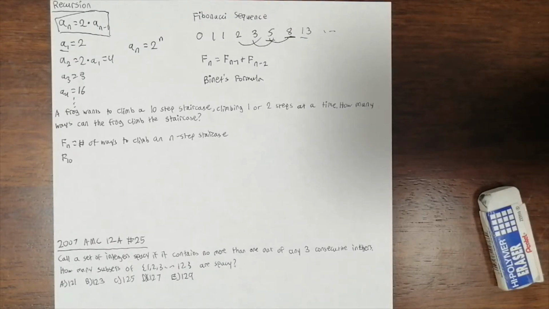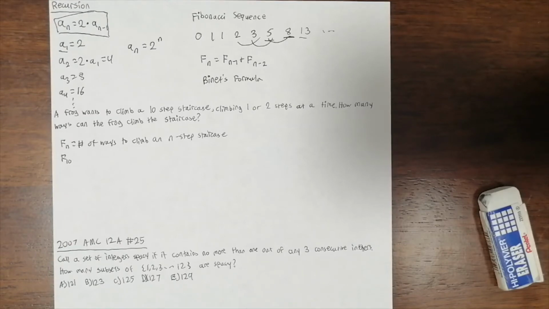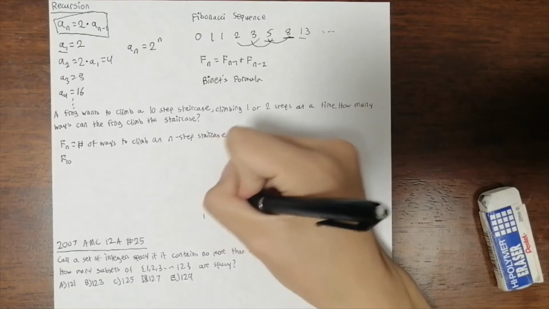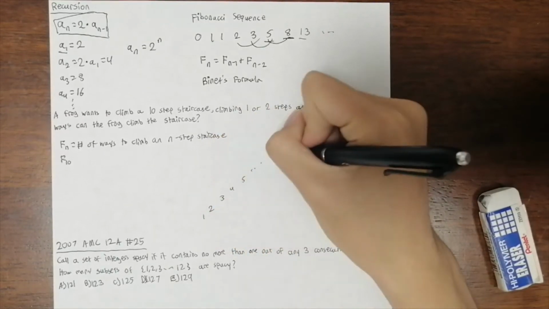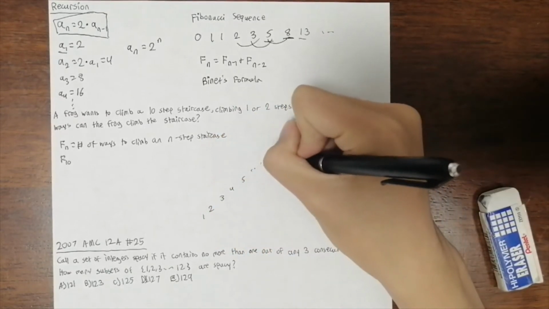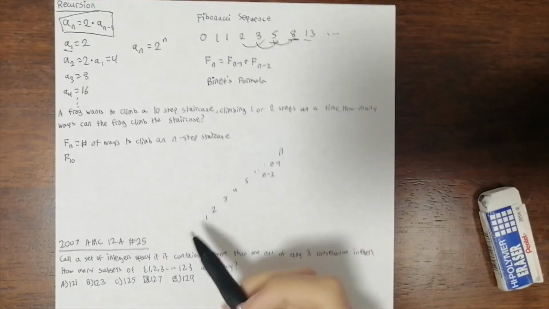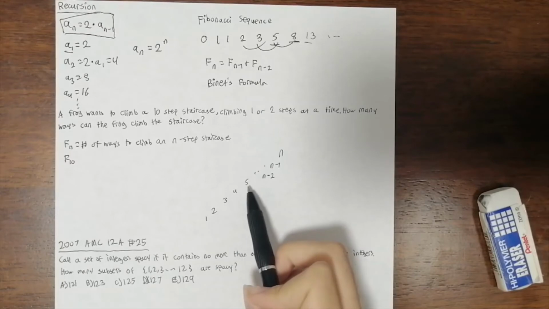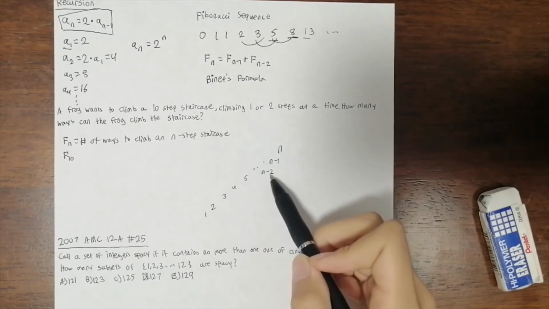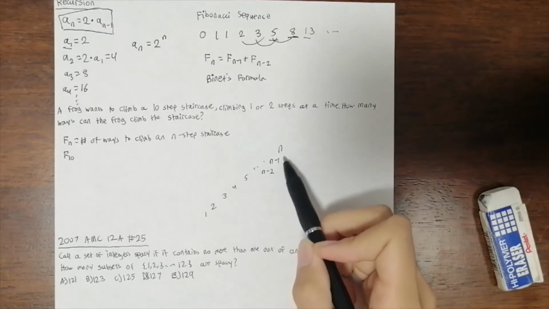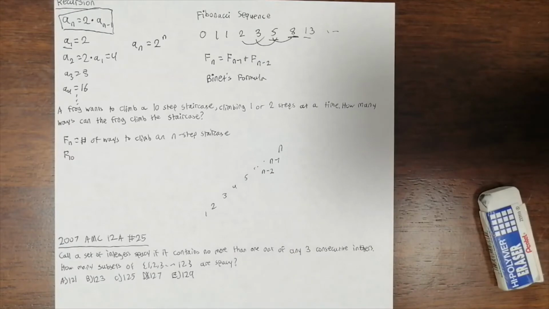And now what we need is a recursive formula which relates the terms of the sequence. So let's say we have an n-step staircase, something like this, and I'll just write out the previous two terms as well, where we have step 1, step 2, step 3, step 4, step 5, the (n minus 2)th step, the (n minus 1)th step, and then the nth step, which is the top of the staircase.